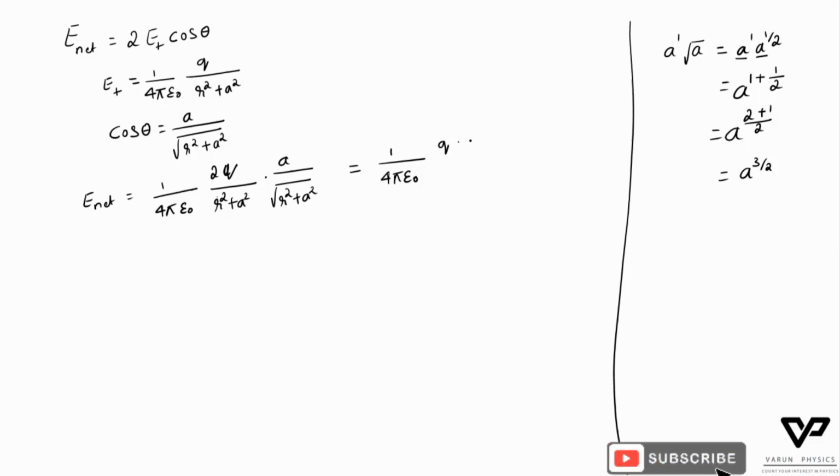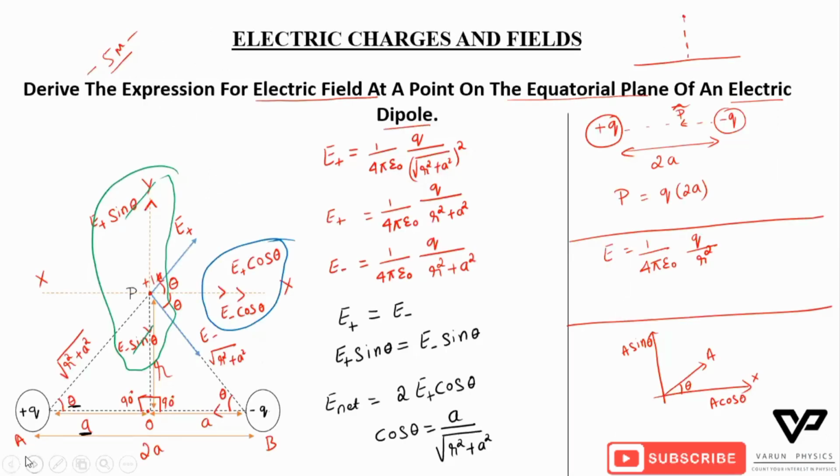Q, I'm just rearranging the terms, to 2A divided by R square plus A square to the power of 3 by 2. So this is what we have written, and Q into 2A is nothing but our dipole moment.